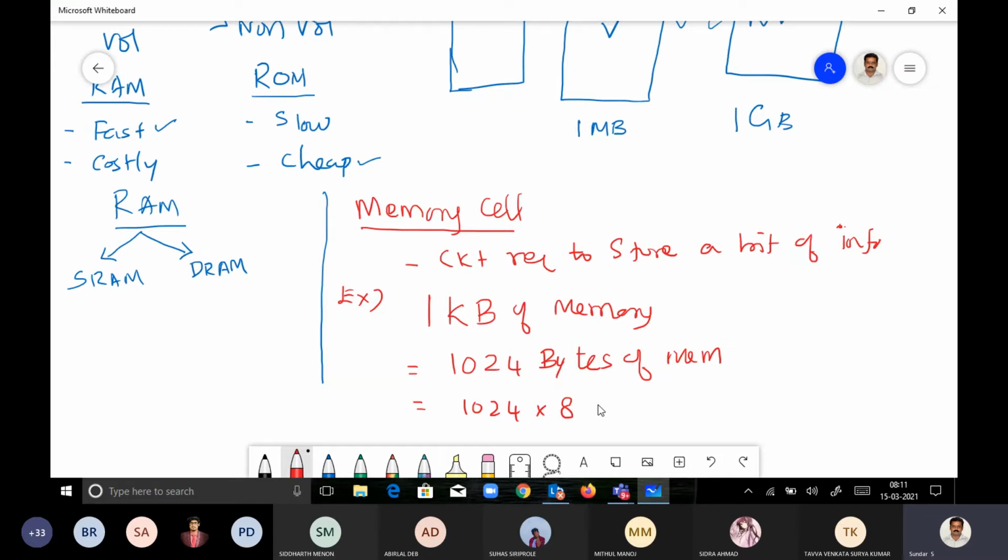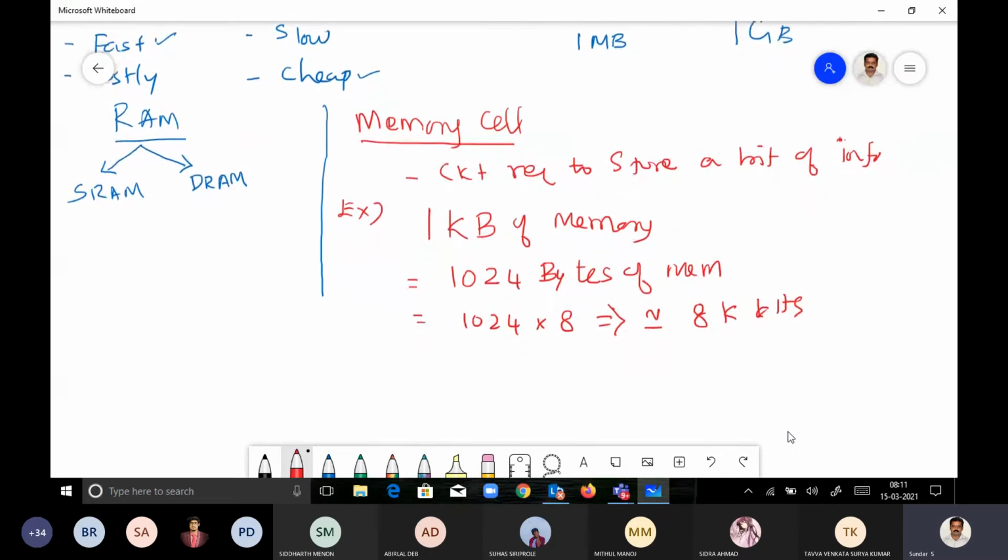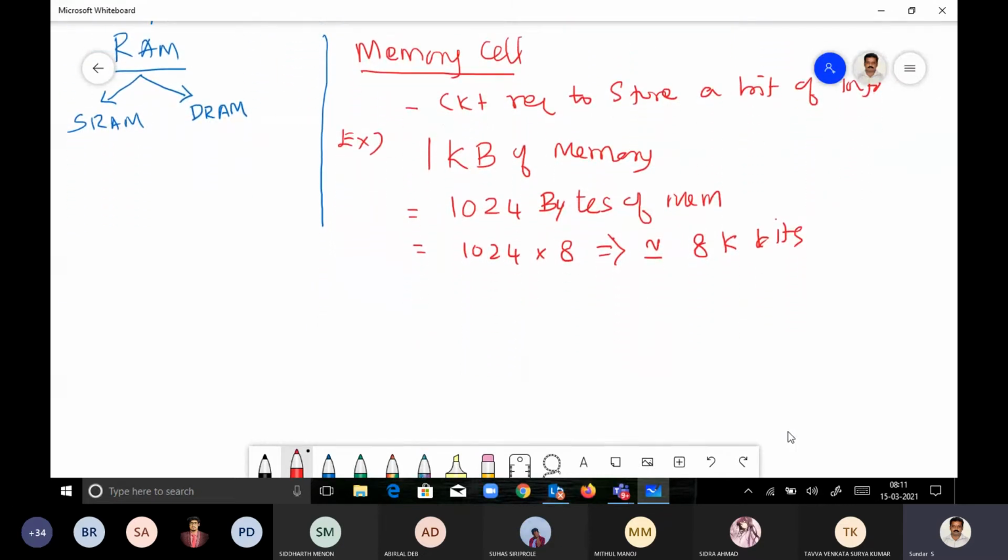So it is approximately 8 kilobits. In this 1 kilobyte of memory, we have 8 kilobits of cells. What is called a cell? The basic unit. So here we are using approximately 8,000 cells. The 24 I am just not taking into account, so let me approximately write 8,000 memory cells.